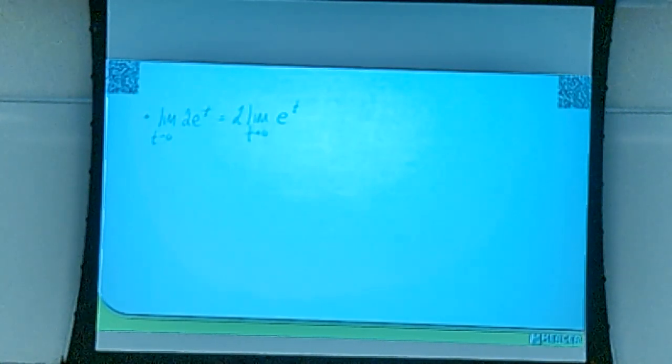Where is e to the t continuous? It has to be continuous over some set, over an interval. So where is e to the t continuous?